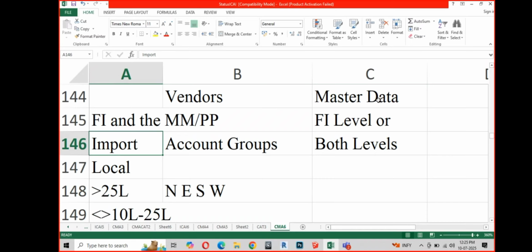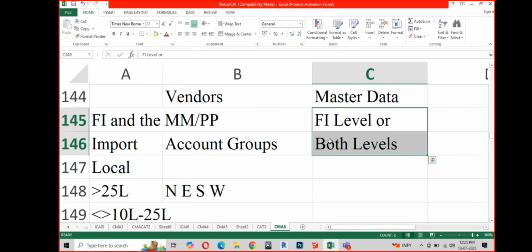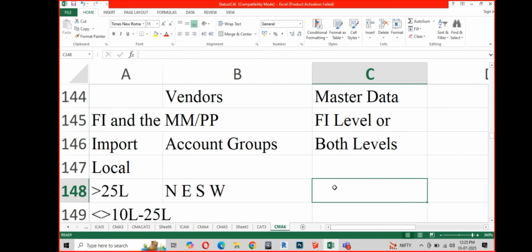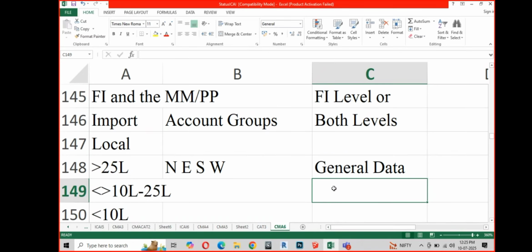Now, if you are tackling both the levels, you can have the vendor master at the general data level: his name, the vendor's name, say ABC Limited, where he is located, his address, his telephone number, contact person, his fax number, his bank details.